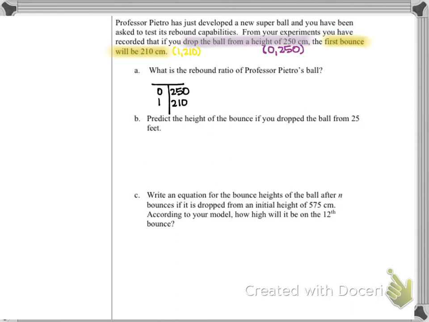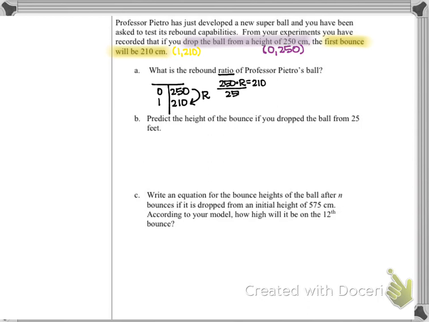We talked about this a couple of ways in class, but one way is this: it is a rebound ratio, and ratio implies there's some sort of multiplication happening. We know that 250 times something, I'll call it R, gives me 210. So you can write a little equation for that: 250 times R is equal to 210.